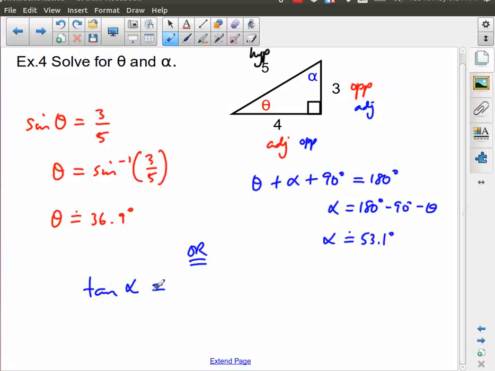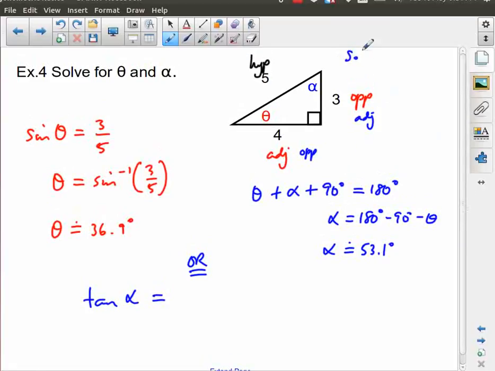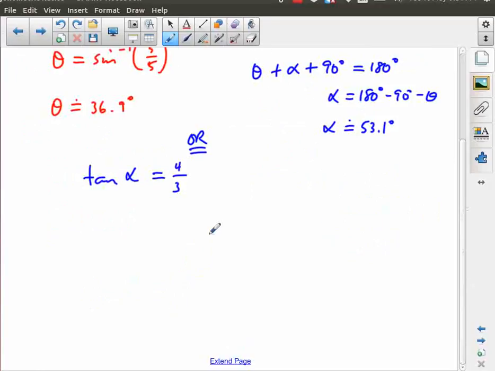The tangent, if you remember SOH CAH TOA, tangent is opposite over adjacent. So opposite here is 4, adjacent here is 3. That means that alpha is equal to the inverse tangent of 4 over 3.